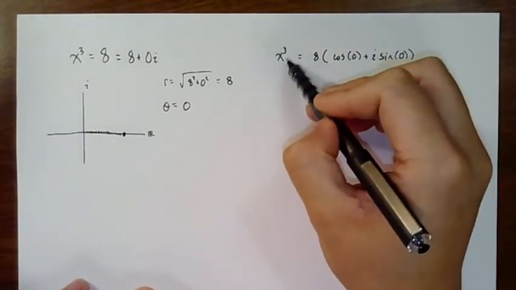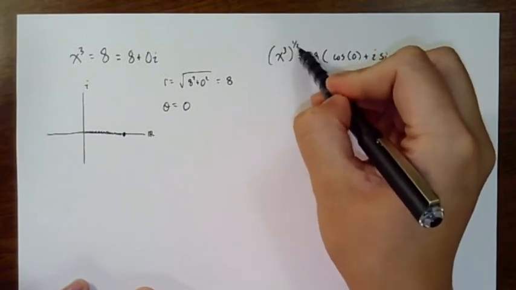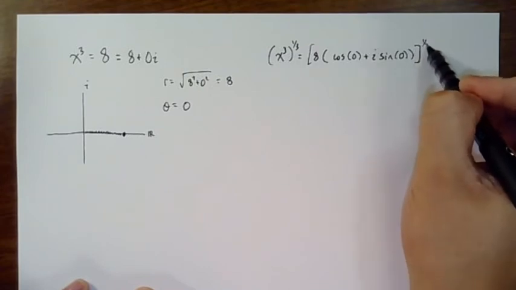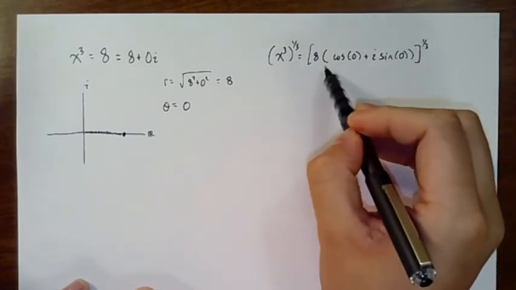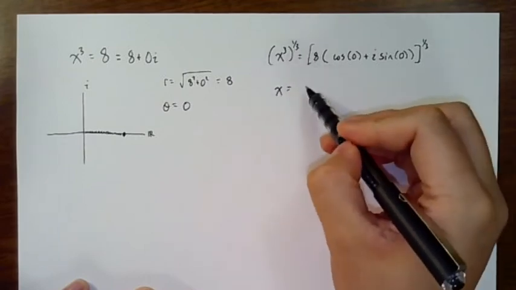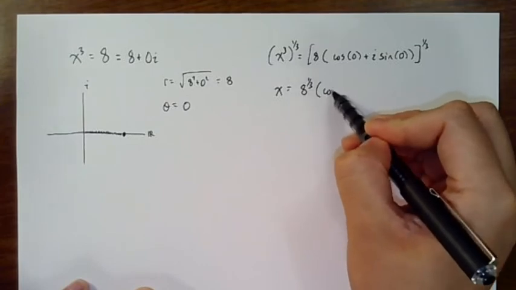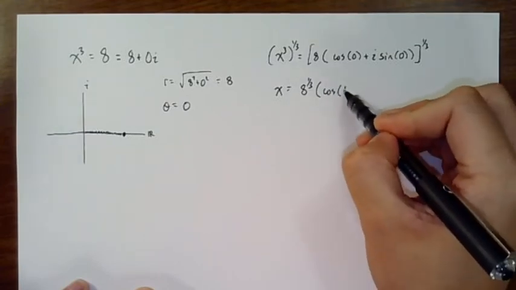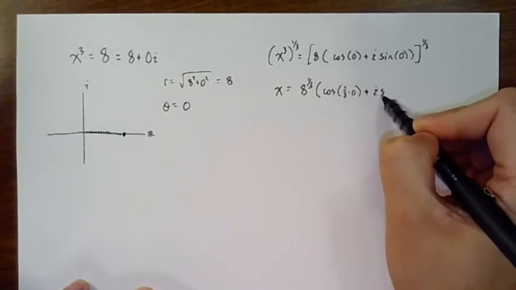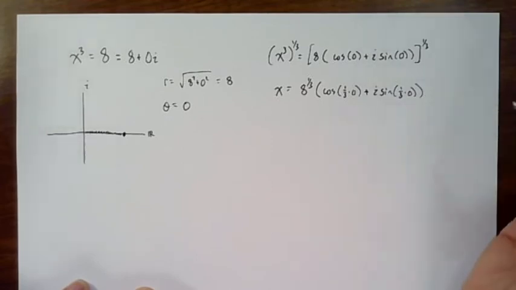And we're going to find the solution to this by raising this to the 1/3 power. But if we do that to this side, we've got to do that to this side as well. And we can invoke De Moivre's Theorem. So x, after these reduce, is just 8 to the 1/3 times cosine of 1/3 times 0 plus i times the sine of 1/3 times 0.